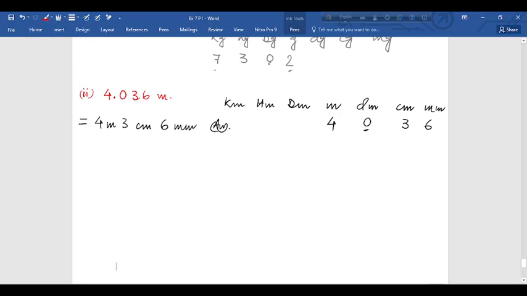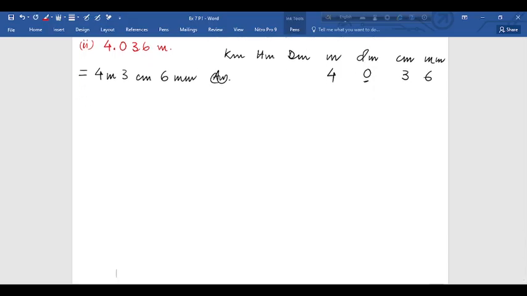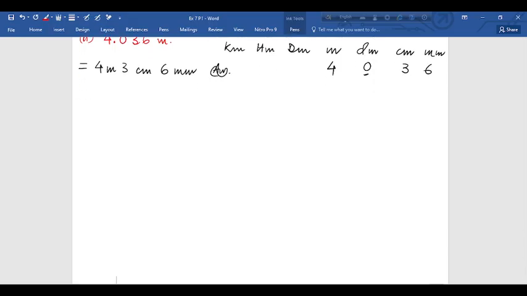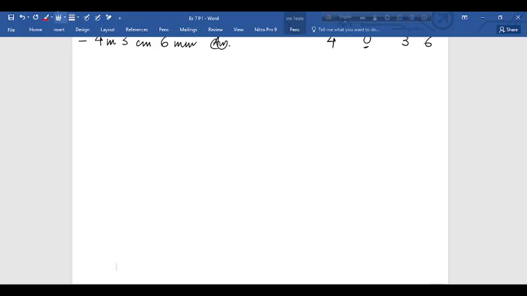Next, question number 3 of 5. It says 231.254 centimeter.